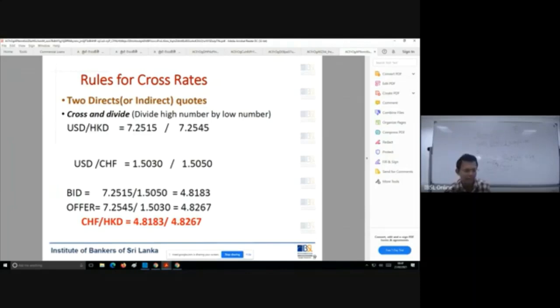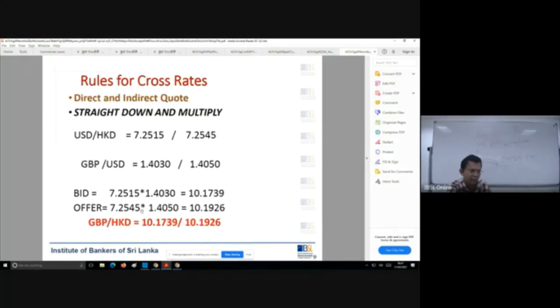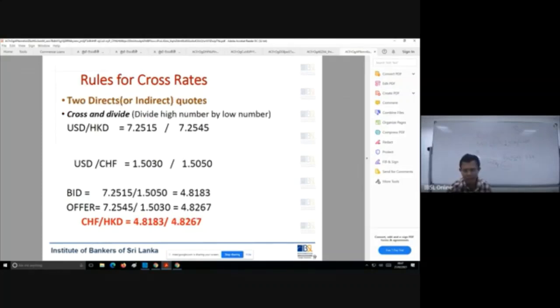Same method we did. Generally we have seen the examiner's favorite is direct and indirect, but it doesn't mean this kind of transaction cannot be tested. USD is direct, but it can be indirect also. If both currency pairs are direct, or both are indirect, then cross and divide.